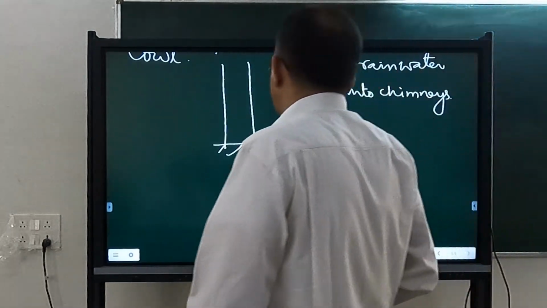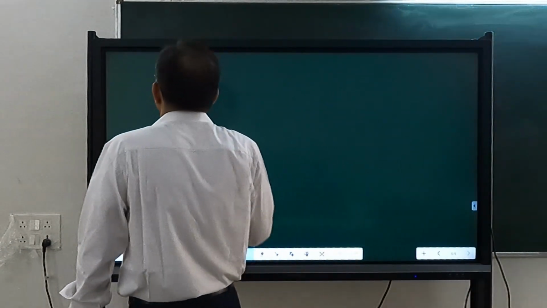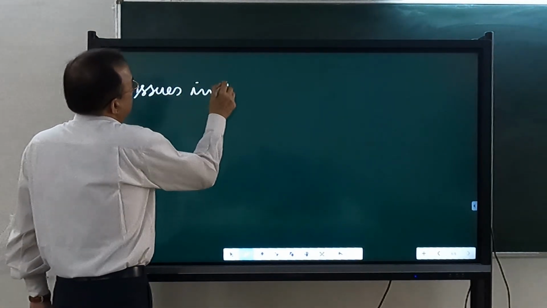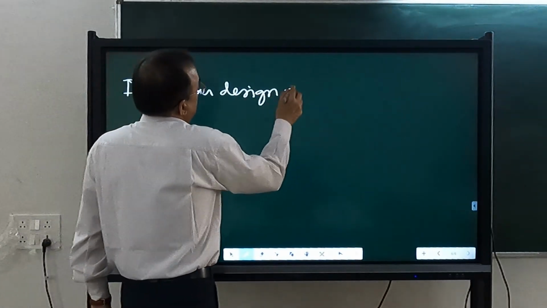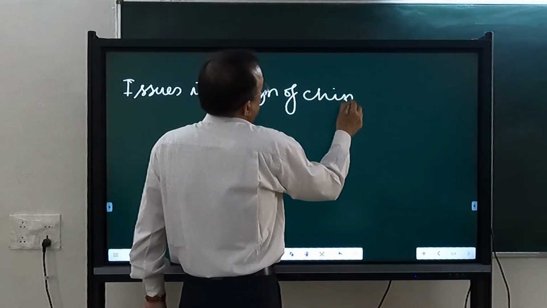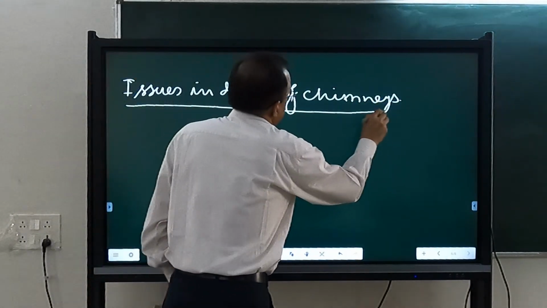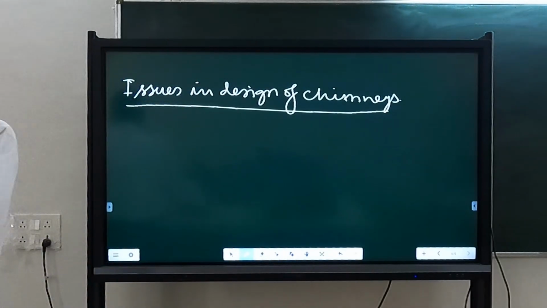So, what are the issues which make its design different from normal structures? You have learned design of normal structures, you can do that. So why can't you design a chimney also in the same way? Okay. So there are some specific issues.